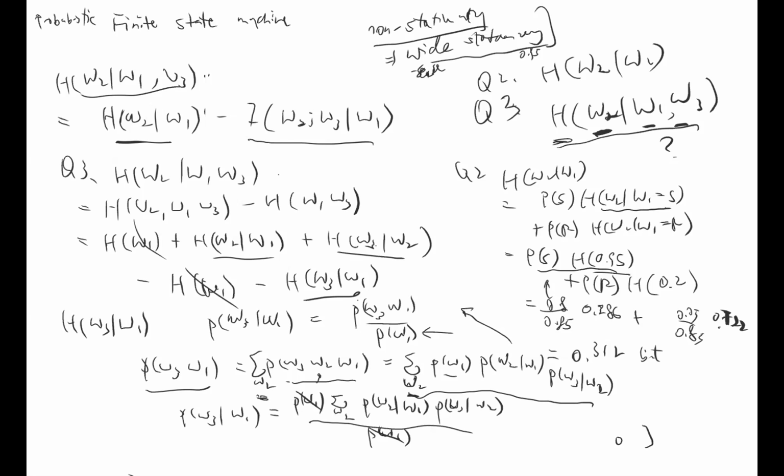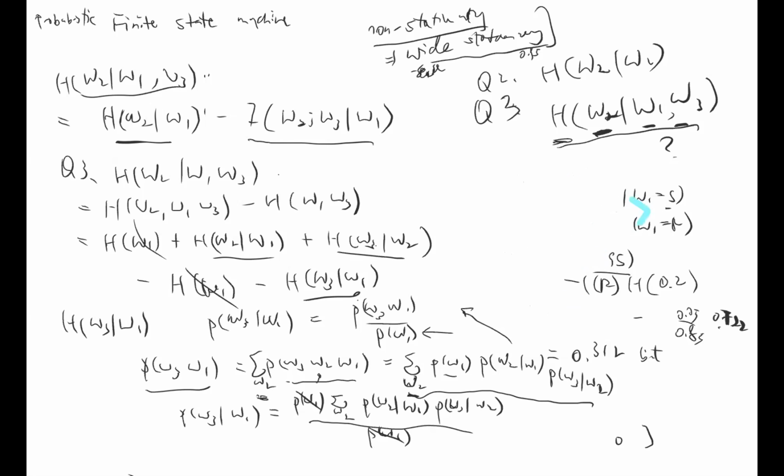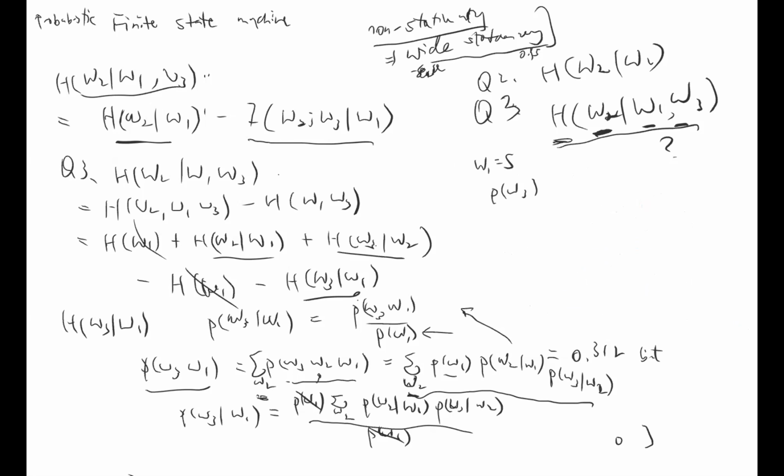Let's see, maybe I just keep this number here but erase the rest. I'm not sure I have space for this. Let me write a table here: let's say W1 is sunny, so what's the probability that W3 is sunny and rainy, and likewise when W1 is rainy.